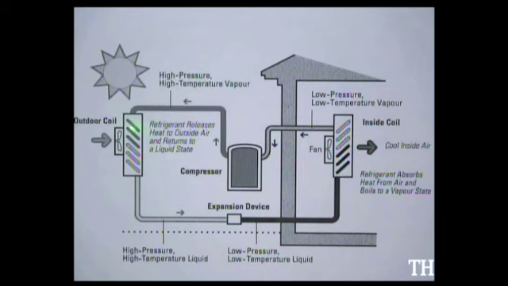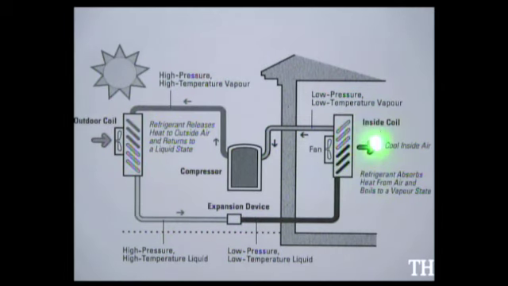The fins on the outdoor coil help dissipate the heat. The outdoor blower motor pulls outdoor air through the coil, cooling it even more. When that happens, it returns to a liquid state, drops in temperature, but it's still a high pressure liquid, until it gets to the expansion device, and all over again.